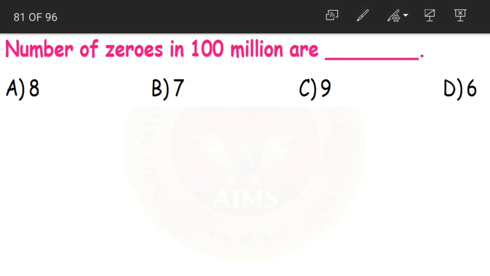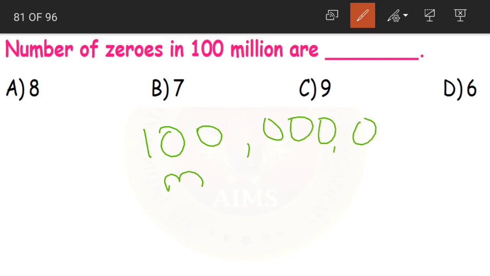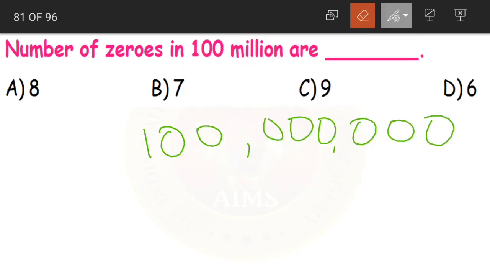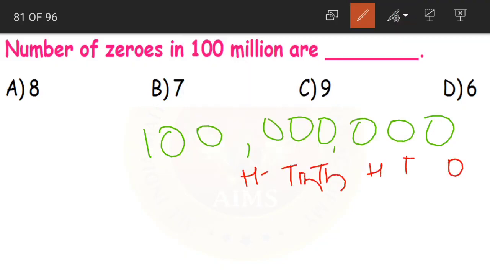Number of zeros in 100 million are dash. Now 100 is to be written in the millions period, and then all the other periods are filled with zeros. Or else, you can write the place values: ones, tens, hundreds, thousands, 10,000s, 100,000s.